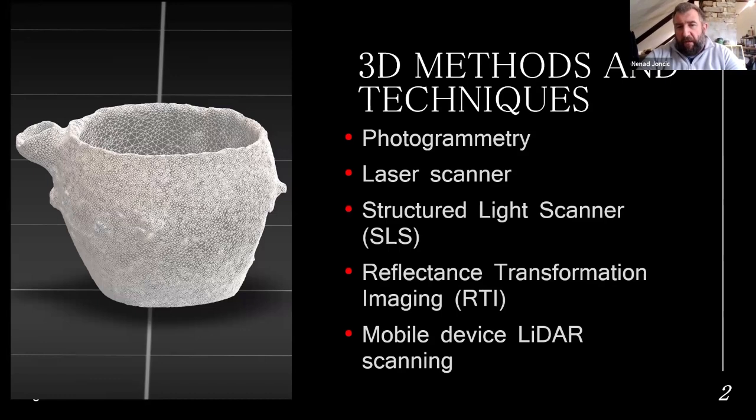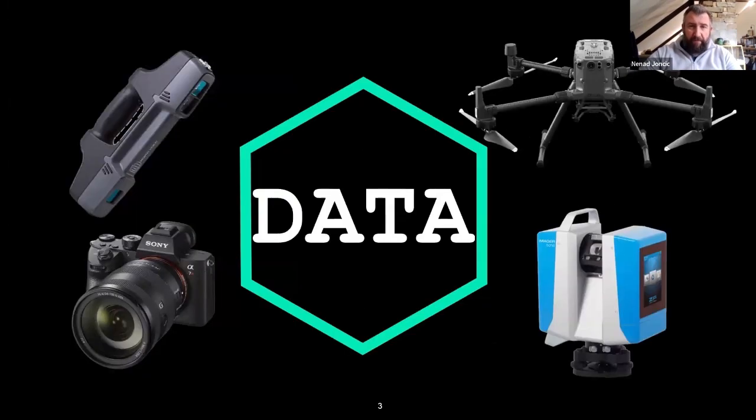Structured light scanner, again a very similar thing. Reflectance transformation imaging, or RTI, is a little bit different technique than the others. And the new one, maybe not so common and not so popular, is mobile device LiDAR scanning. I will speak more about that.